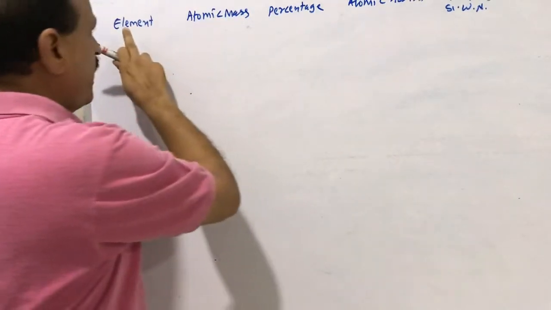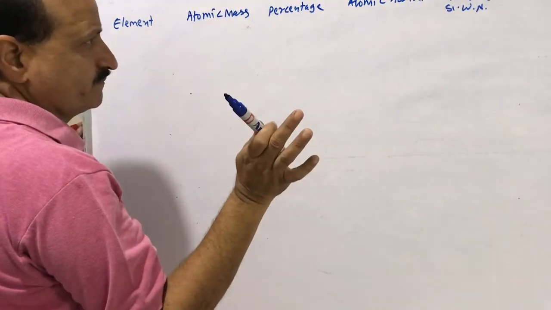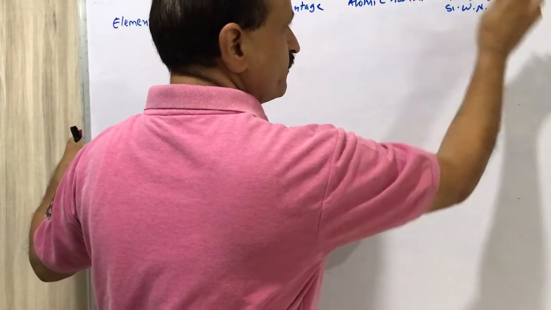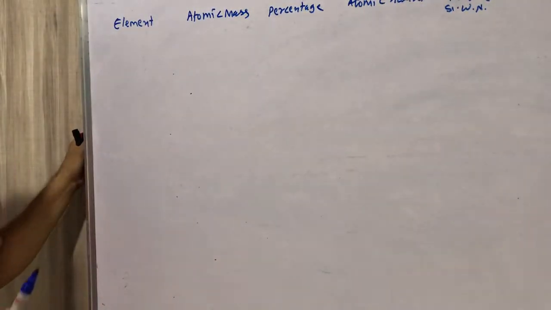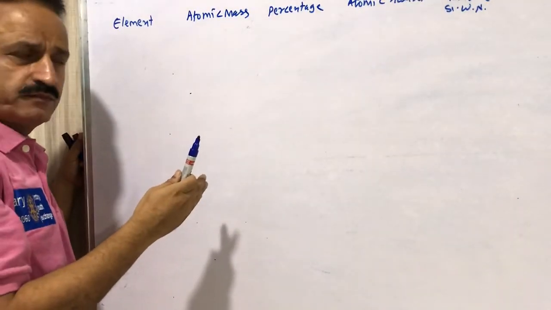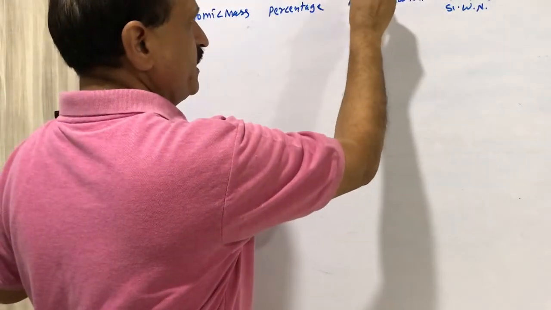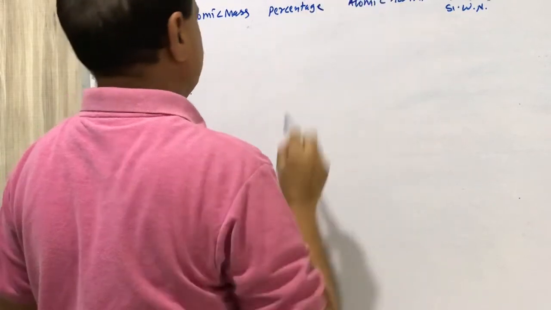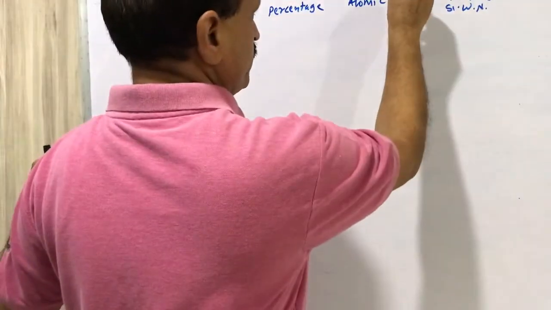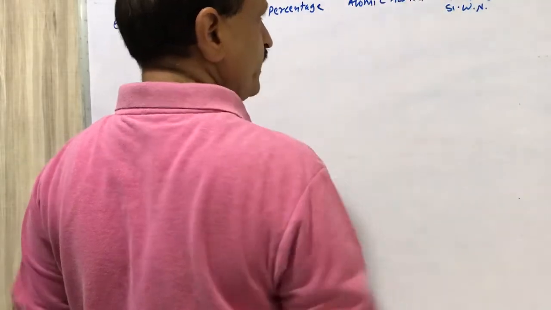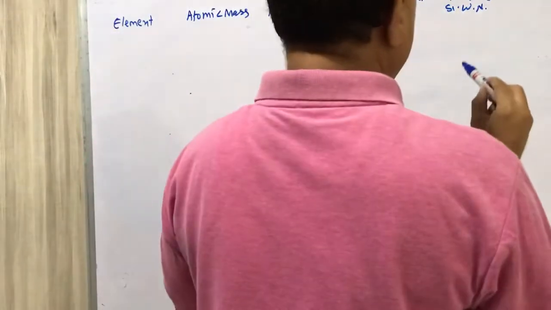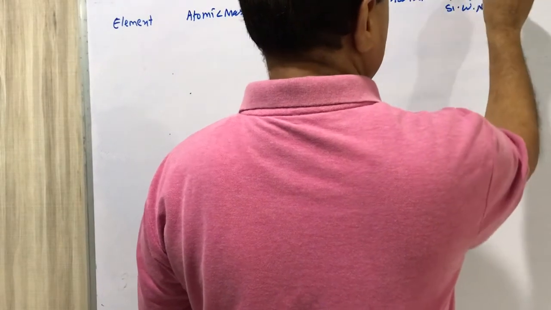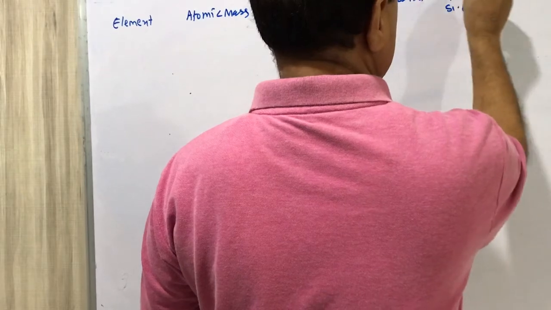Then RSW is ratio of simple whole number, and SWN is simple whole number.